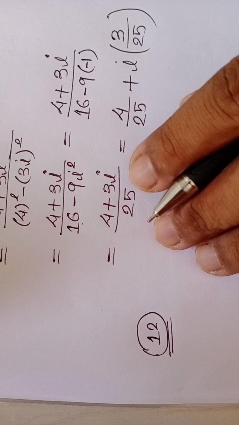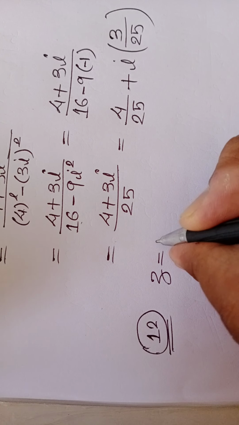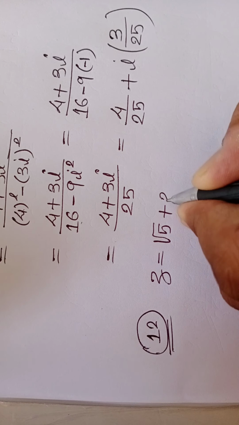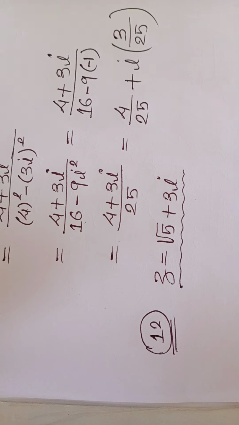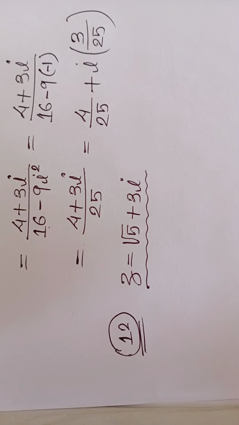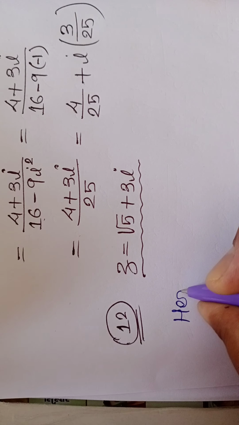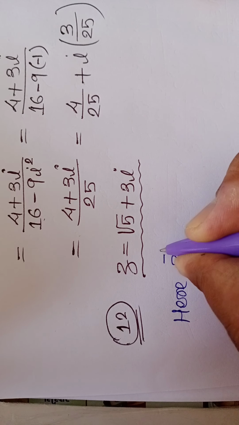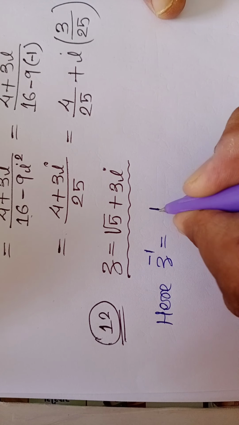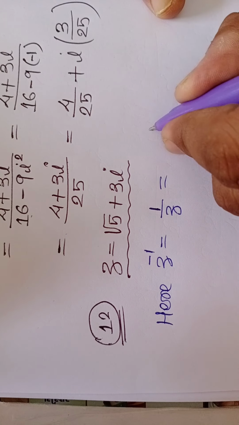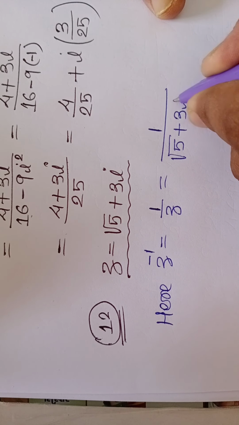A complex number is z equals root 5 plus 3i. Again we are going to find its inverse. So what is z inverse? Once again z inverse is 1 by z, clearly. So 1 by z means 1 upon root 5 plus 3i.